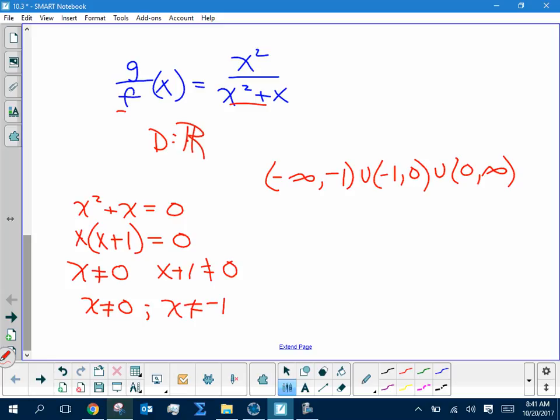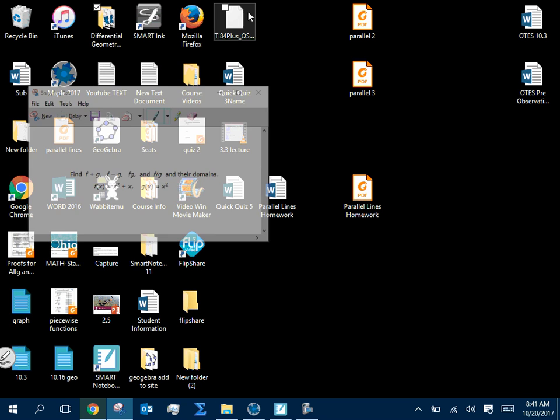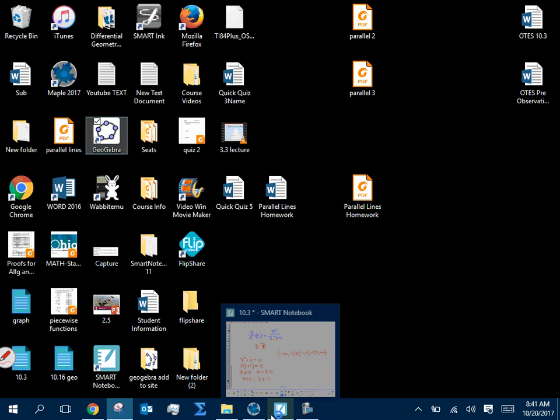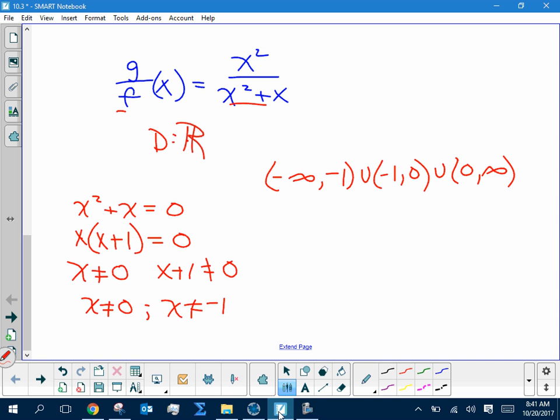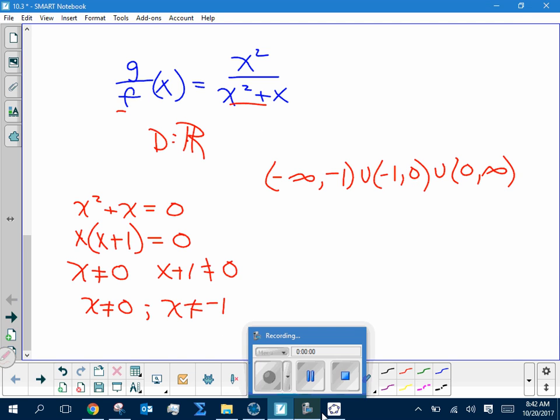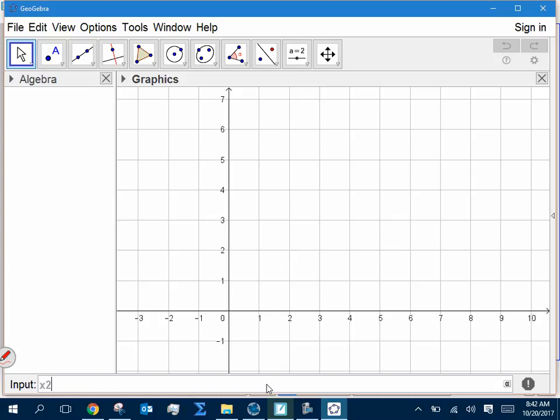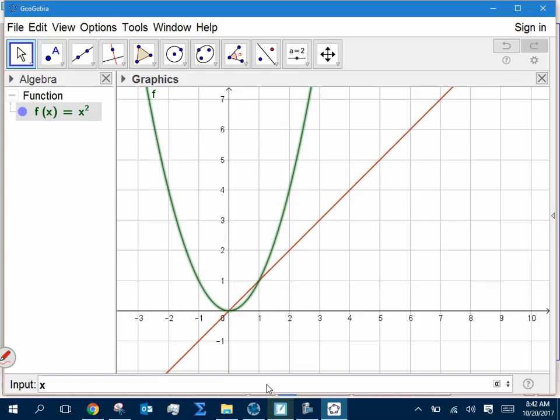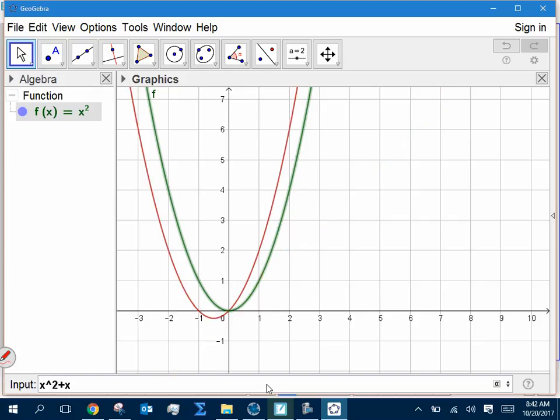And if you think about it, if we graph this, let's take a look at the graph, because the graph should verify these concepts here. Let's see if we can load GeoGebra here. x squared divided by x squared plus x.